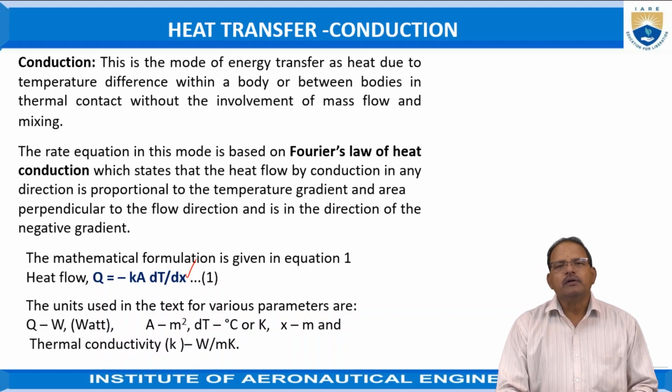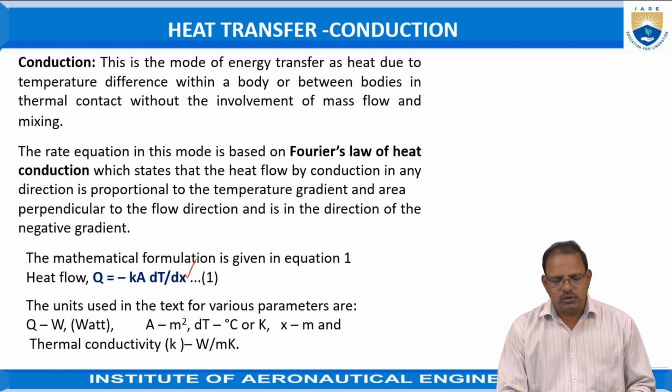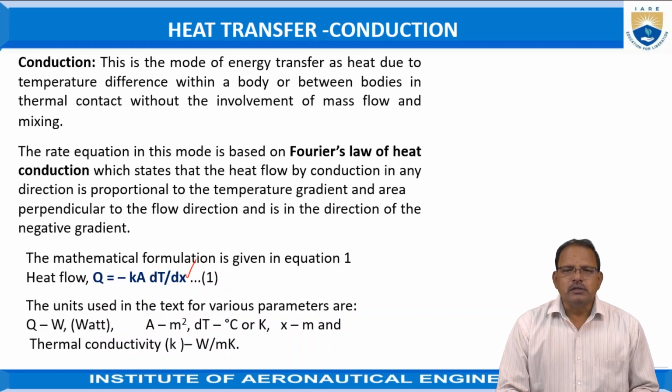Mostly dT by dx is treated as a temperature gradient. Since the energy flows from higher temperature to lower temperature, the gradient is equal to T2 minus T1 by dx. It is a negative value, hence the temperature gradient is always said to be negative.